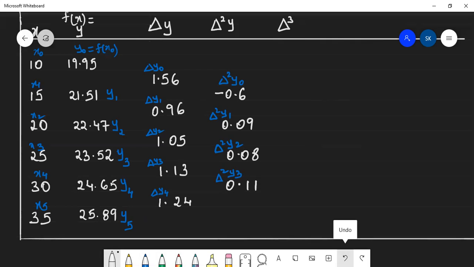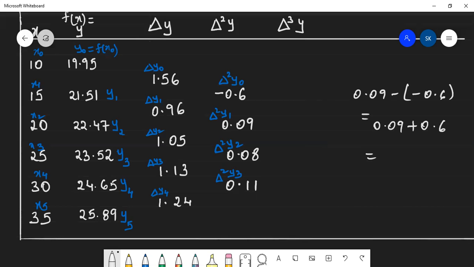Fine. So I have 0.09 minus of minus 0.6. Subtraction is there. This is 0.09 minus 0.6, which will become 0.09 plus 0.6.